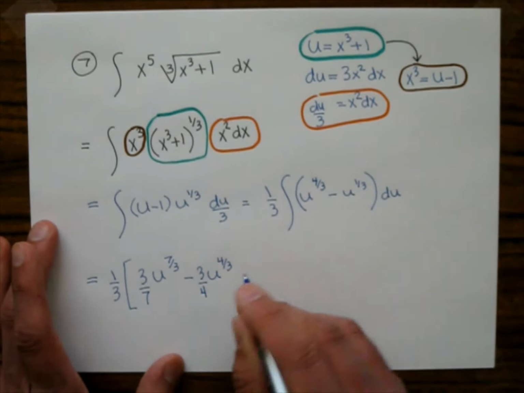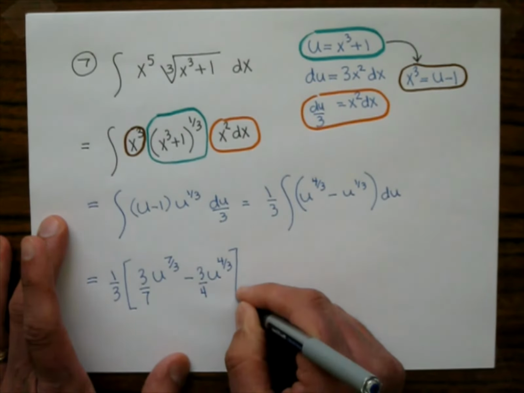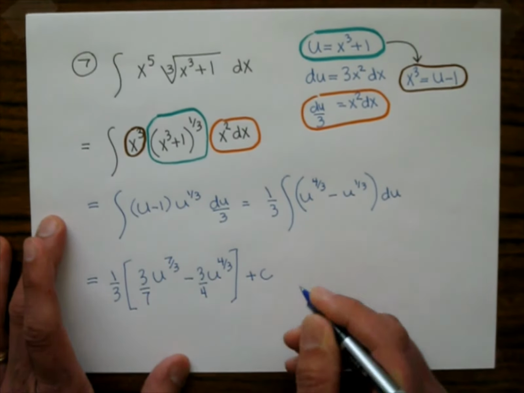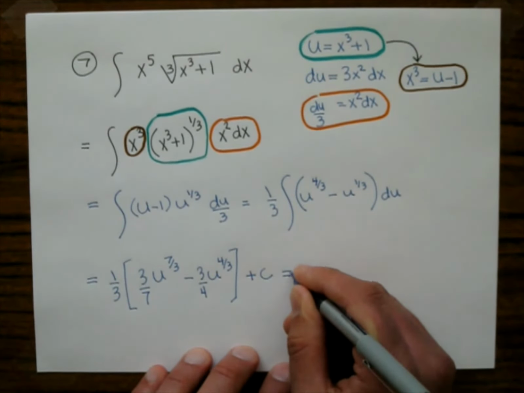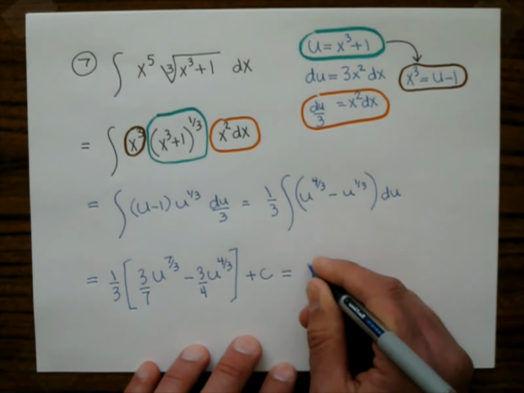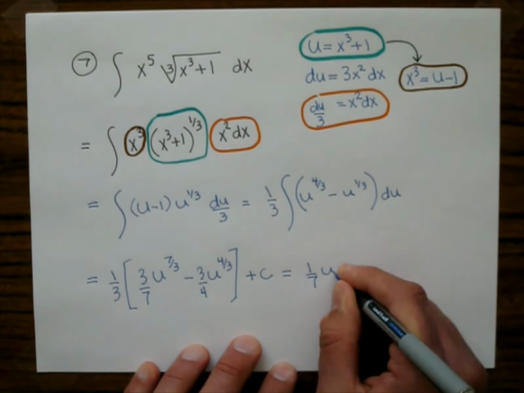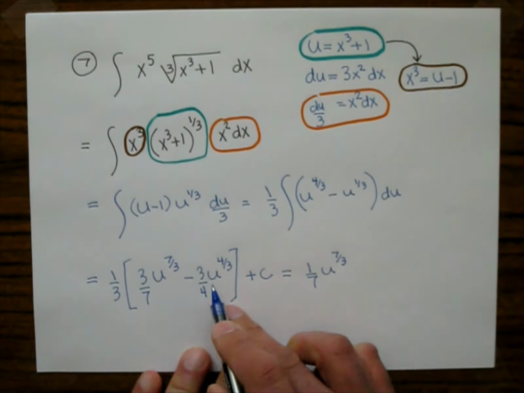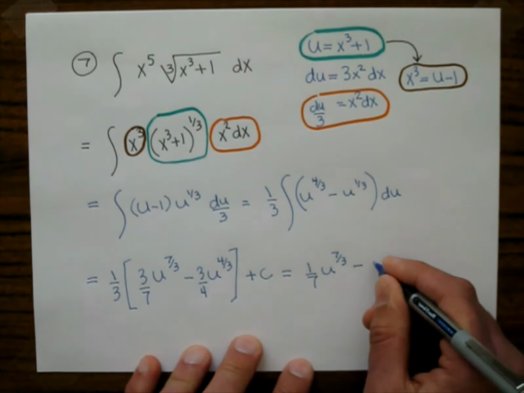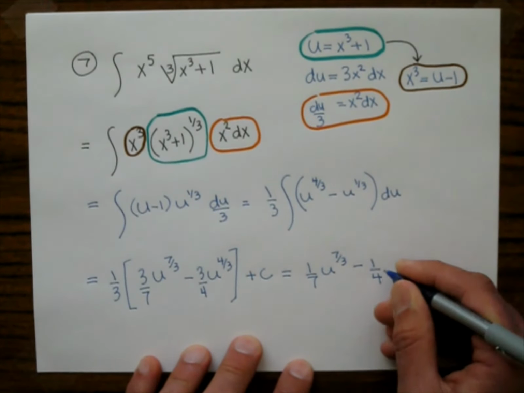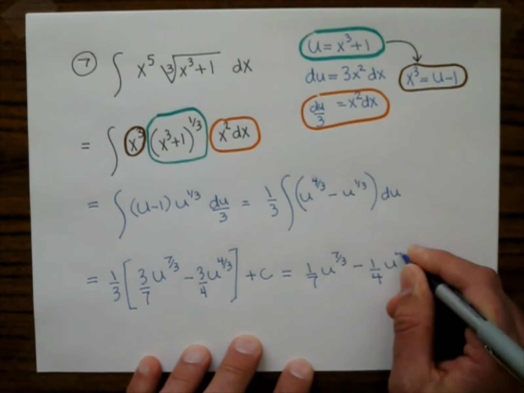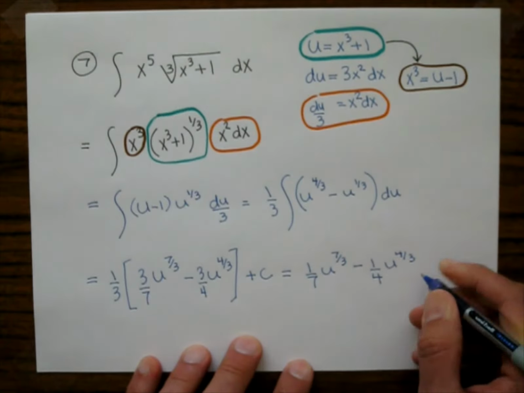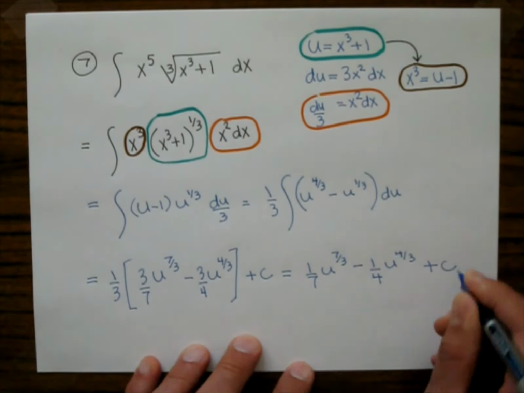And then I'll just put the plus c out here. I'm going to multiply that through, so I have 1/7 u to the 7/3, and then the 3's cancel there, so this is going to give me minus 1/4 u to the 4/3, and then this is plus c.